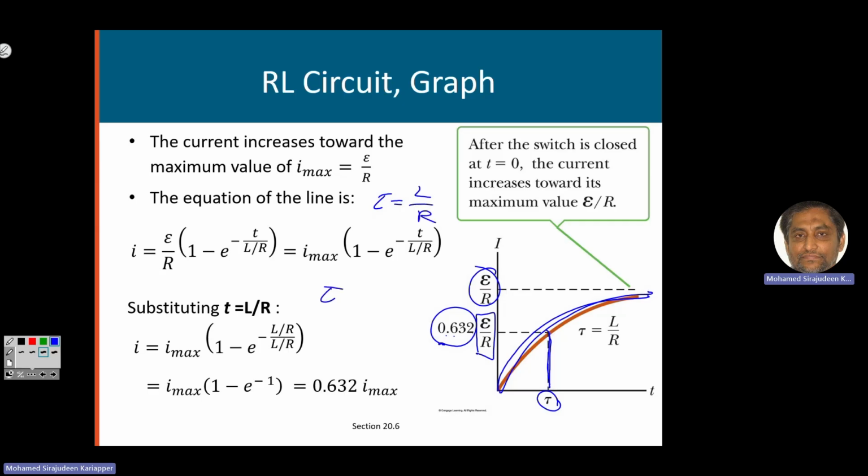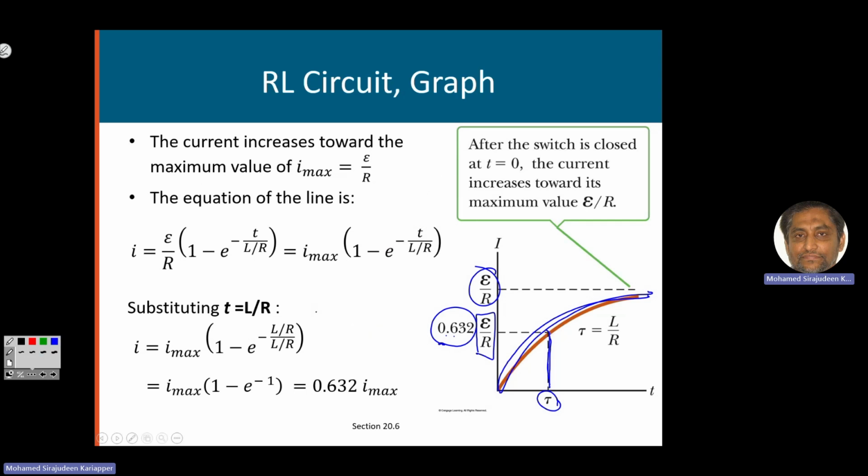Anyone remember the time constant for the RC circuit? The formula for the time constant, RC. Yeah. The time constant in the RC circuit is simply RC. But the time constant in the RL circuit is L over R. So the equation is similar.